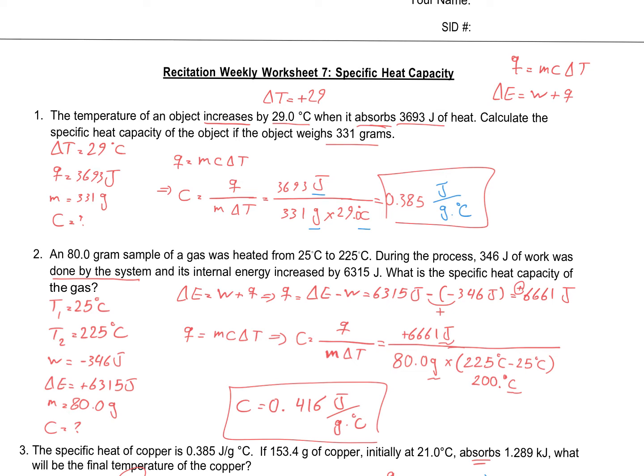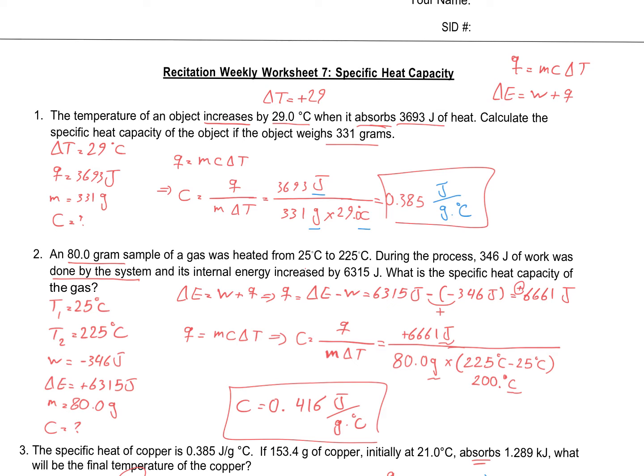The second question: you read the question, you write down the information. We have the mass, 80 gram, so we write down the mass. The sample of gas was heated from 25 to 225.